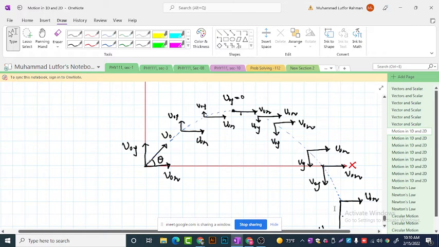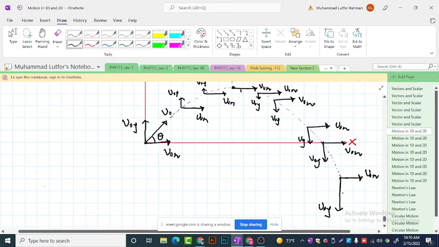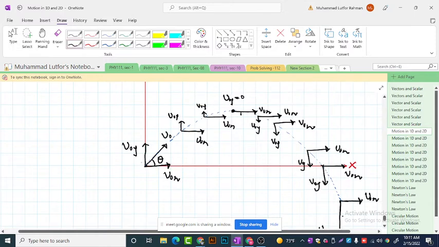Alright, so these are the characteristics we define. From this analogy, I'm going to talk about some characteristics. If we neglect the air resistance, the time it takes to reach from the bottom point to the top point is exactly the same as the time from top to bottom. So I can write Vy equal to 0 at the top point, only the Vy.